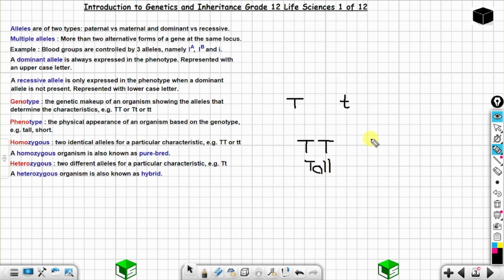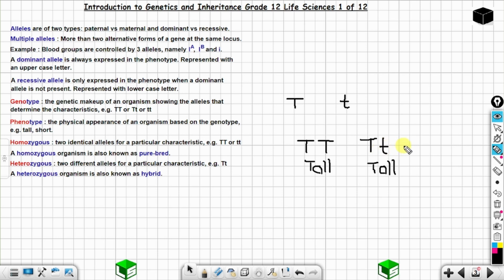If you have this from the father and this from the mother, a capital letter T and a lowercase t, this person is going to be tall, even though you have a recessive allele for short. So this allele is not expressed.